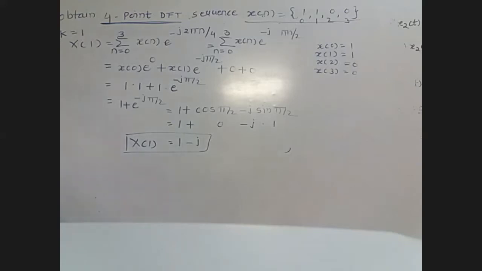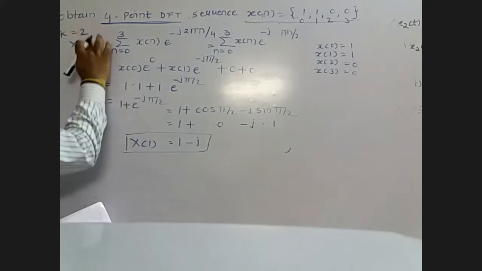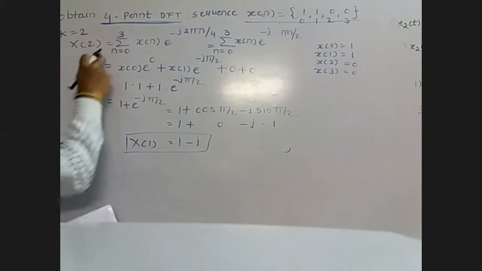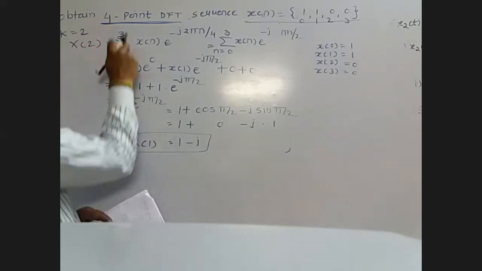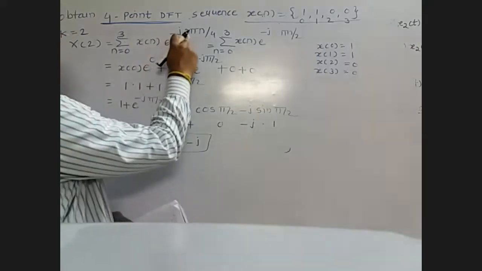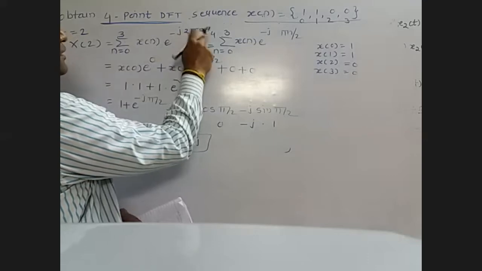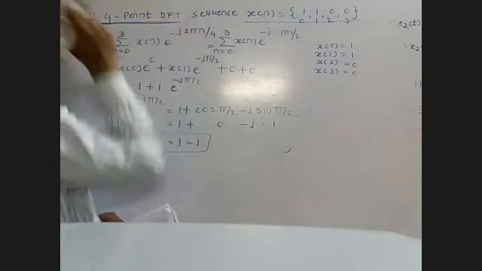Now, this is about the second term. I am changing the value of k to 2. So n goes from 0 to 3 of x of n e raised to minus j 2 pi n into 2. Instead of 1, here it is 2.